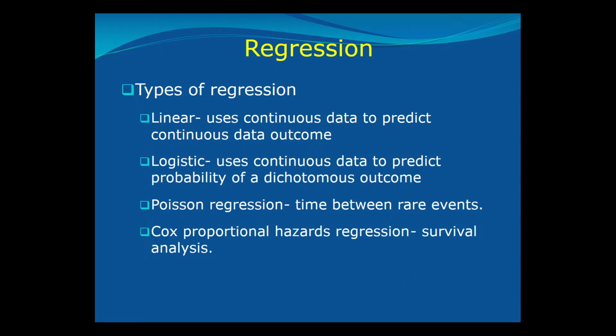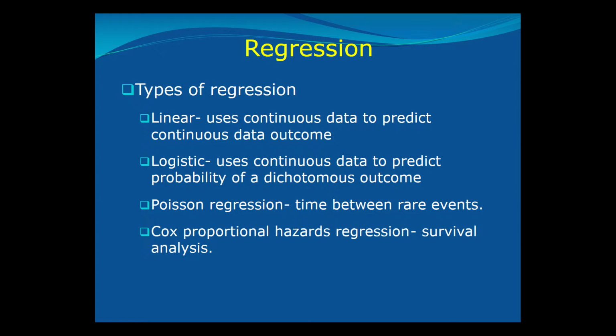There are different types of regression. The simplest type of regression is the linear, and because of this, as usual, this type of regression is used the most often. Linear uses continuous data to predict a continuous data outcome.